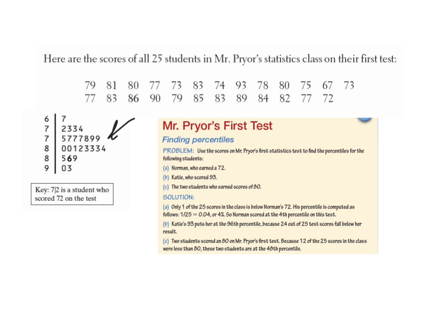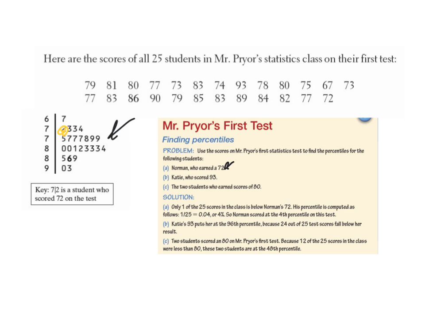Norman earns a 72. What's his percentile? Well, we can see that 72 is right over here, and he beat one person.